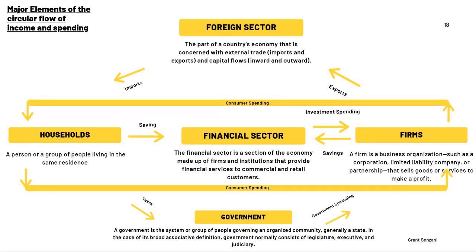We've got the foreign sector, we've got households, we've got the financial sector, we've got firms, and we've got government. This is like a full circular flow of income and spending. What's very important to note, however, are the things that basically take money out of this circular flow and things that put money into the circular flow.